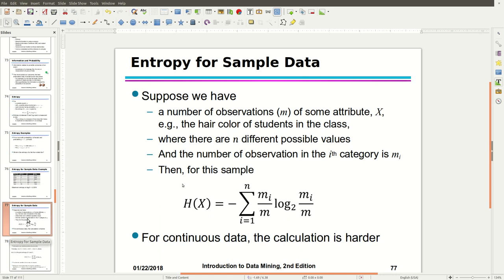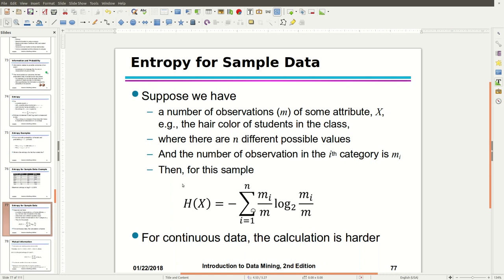So for sample data, let's say we have a number of observations m of some attribute x. This could be the hair color of students in the class. So that's the formula, where there are n different possible outcomes. In this case we had 5, and how many students we have.